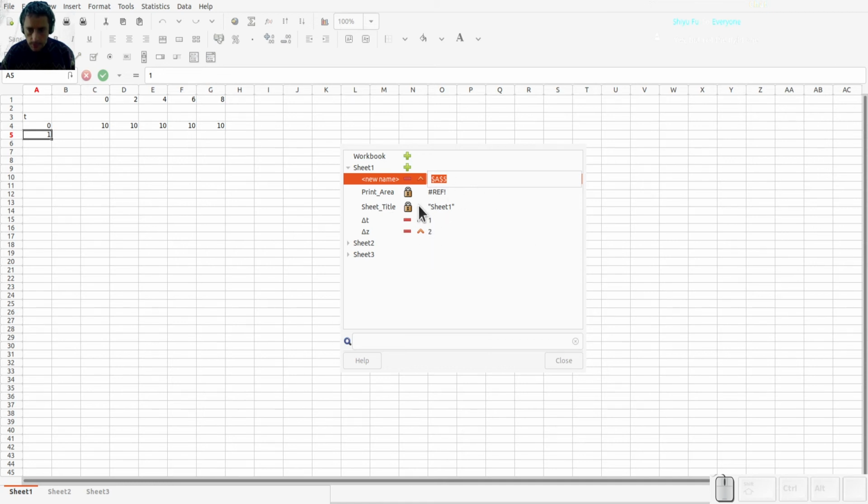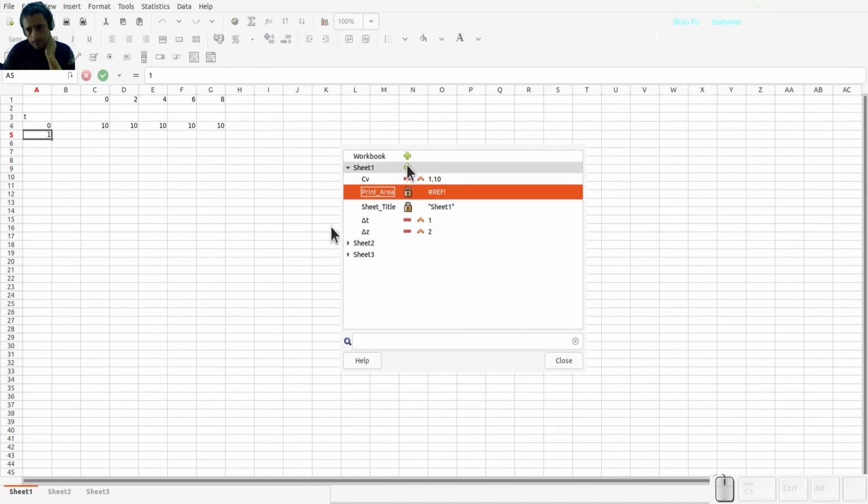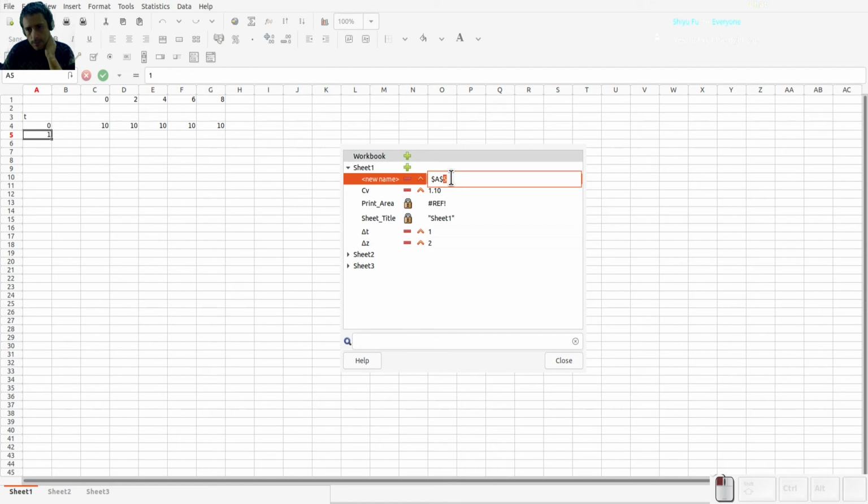CV, we said, was 1.10. That's CV. What else did we want to define? R. And what did we say R was? It was CV times delta t over delta z squared.